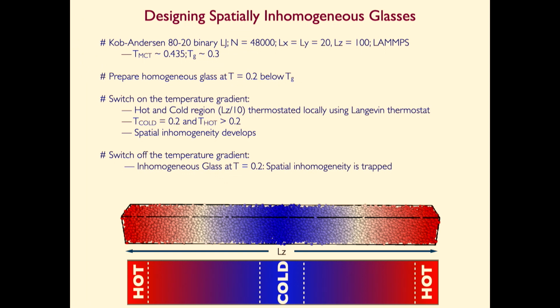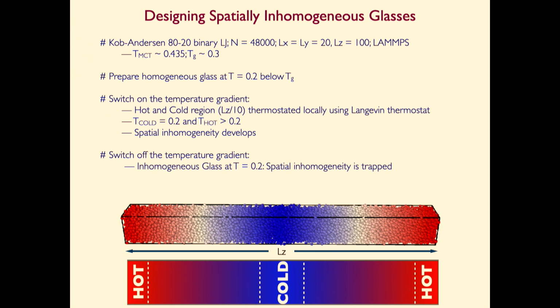So I would like to tell you the protocol that we have used to generate this inhomogeneous sample. We have taken the 80-20 Kob-Andersen glass former, and for this glass former the mode coupling temperature is close to 0.435 and the glass transition is close to 0.3.